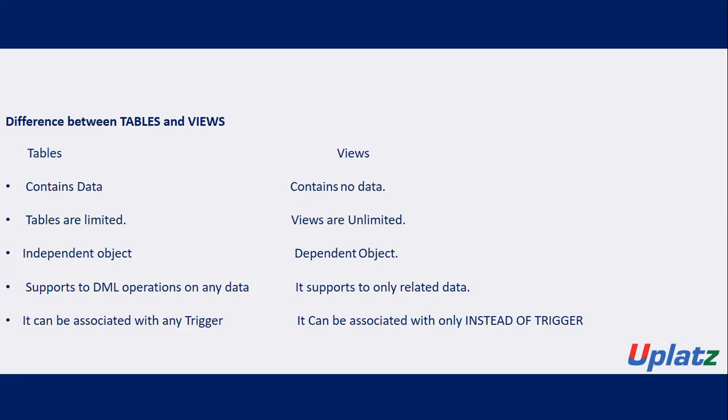In the case of views, they can be associated with only an instead of trigger. Instead of trigger is one type of trigger, and it will be associated with views. Whereas in the case of tables, they can be associated with any trigger.